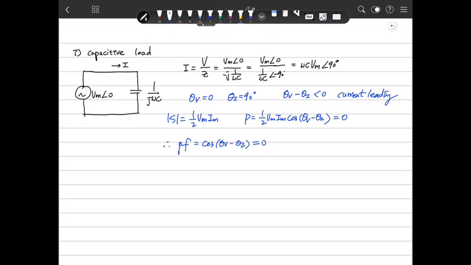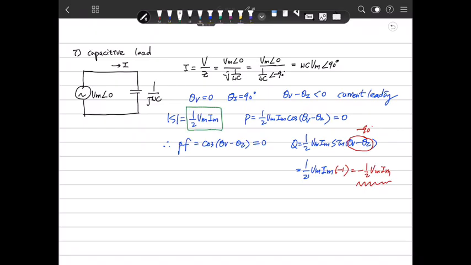But what's the meaning of that? In this case, Q is half Vm Im sine of theta V minus theta I. Because the load angle is minus 90 degrees, the sine is minus 1, so Q is minus half Vm Im. So all the apparent power is transferred as reactive power.